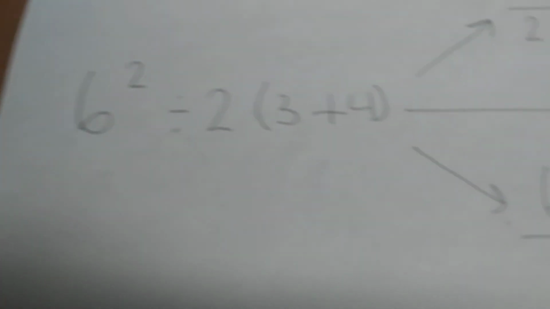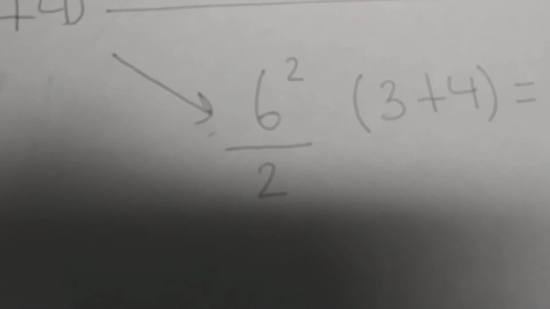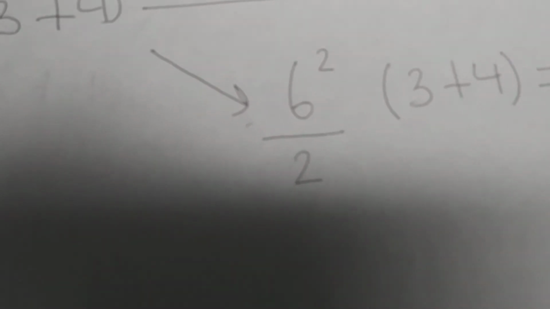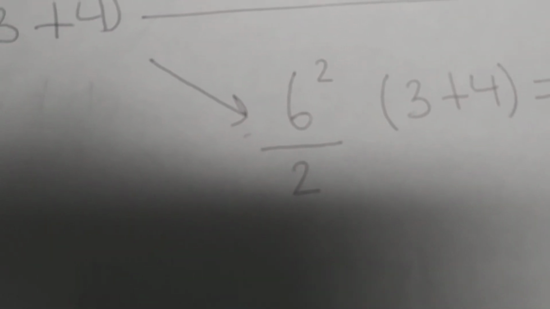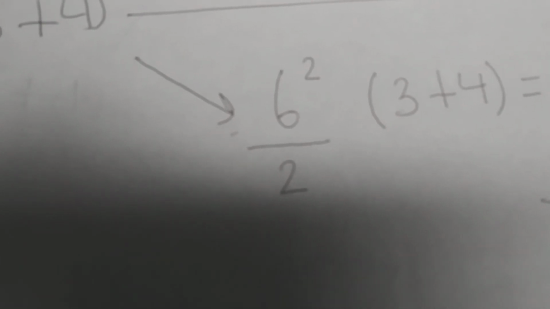Now let's say that you just thought that 2 was the only thing being divided. If that's the case, then what you should have there is 36 times 7. Ultimately, this whole thing is being divided by 2, right? 36 times 7, well, 30 times 7 is 210. 6 times 7 is 42.